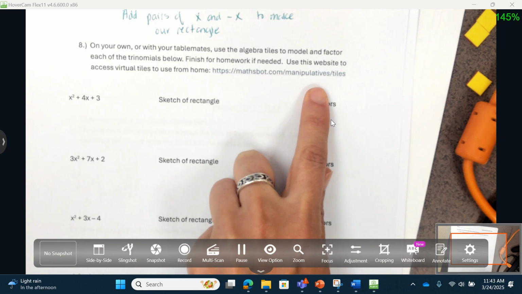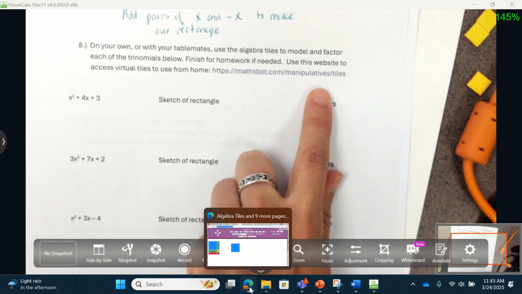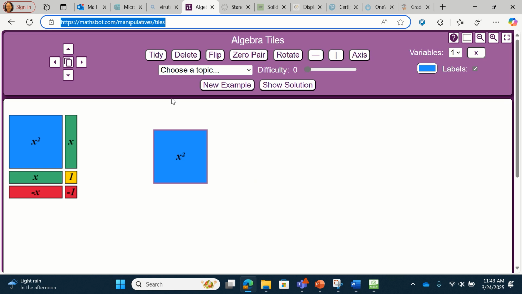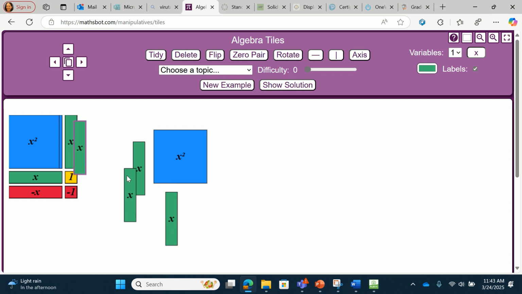mathsbot.com, manipulative tile. I think I might have it up here. Yep, so what you can do if you need to model that first one is model your x squared, and then you can click in your 4 x's and drag them over, and then your 3 1s, and then you can rearrange them.